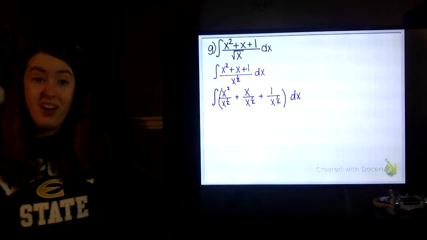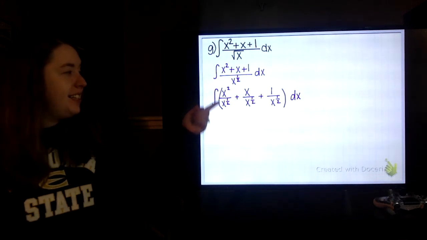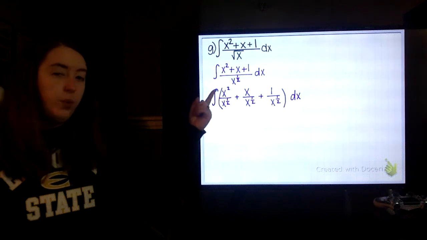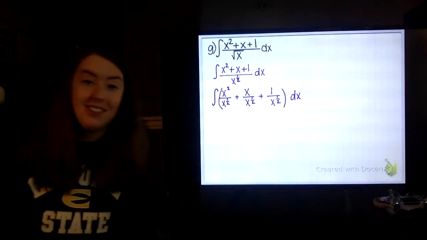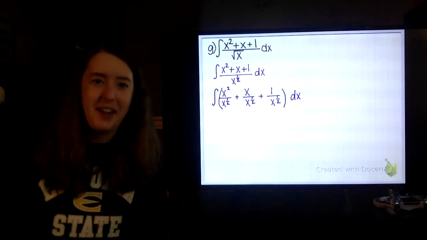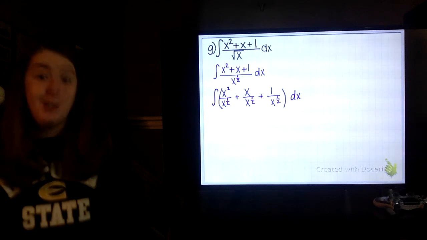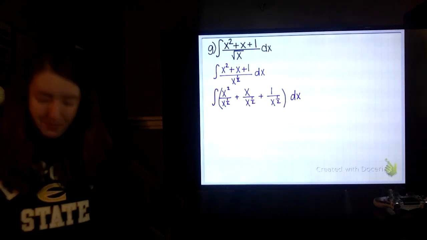So now where do we go from here? We can simplify, since these guys have the same bases, we can rewrite the exponents. So what do we do when we divide our bases? What do our exponents do? If you can't quite remember how that works, here's what I do. I make up a problem.